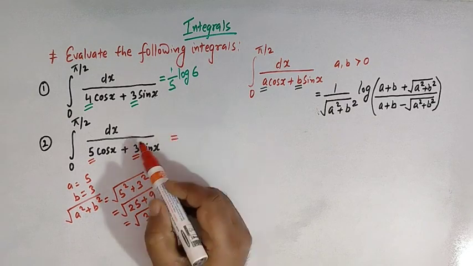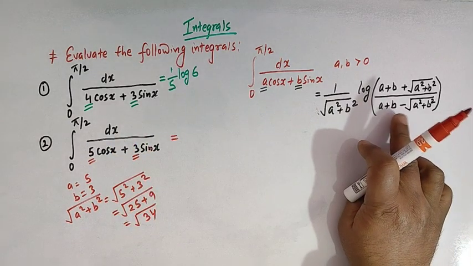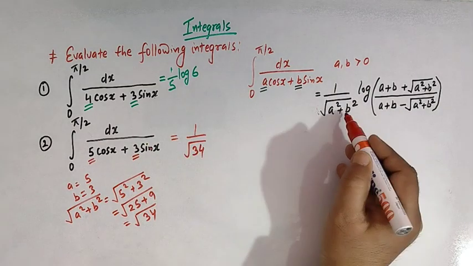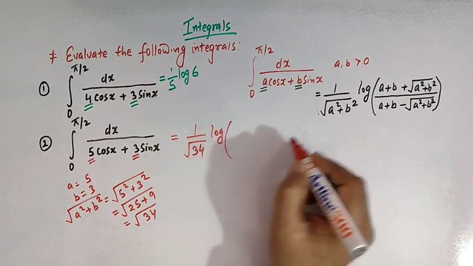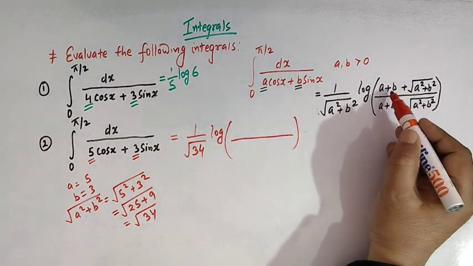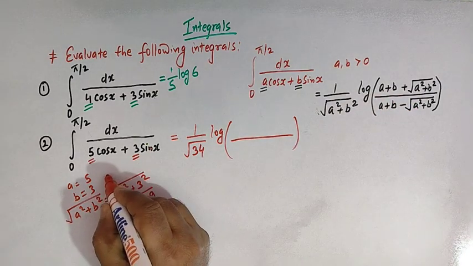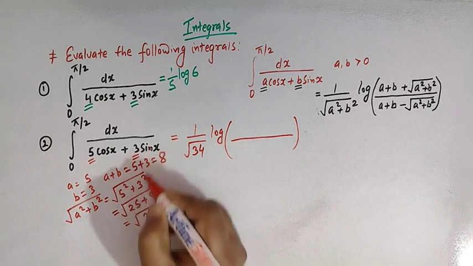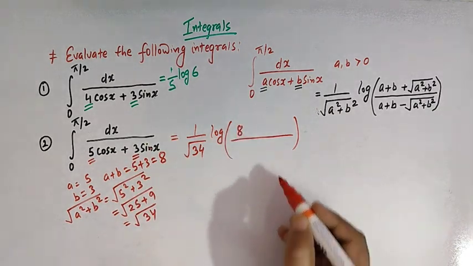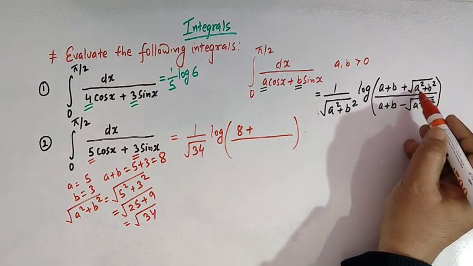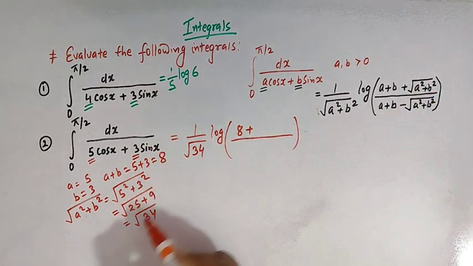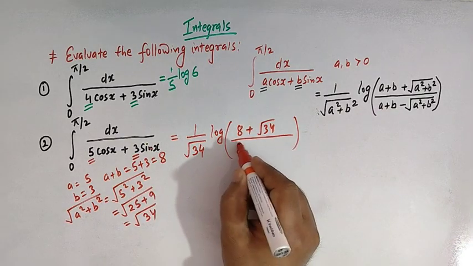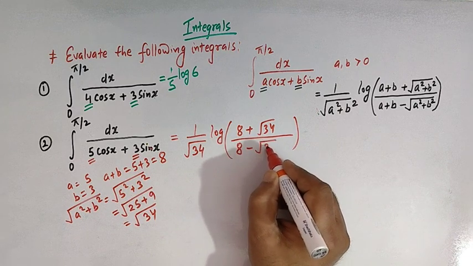So we have 1 over square root of 34, then log, with numerator a plus b, which is 5 plus 3, equal to 8, plus square root of 34, and denominator 8 minus square root of 34.